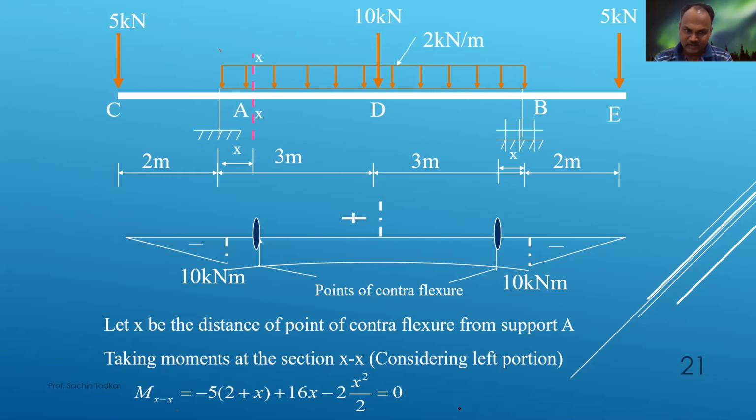In equation mode, we have to consider the second degree equation, and put the values of a, b, and c for ax square plus bx plus c is equal to 0. You will directly get the two answers. One is 1 meter and another is 10 meters.